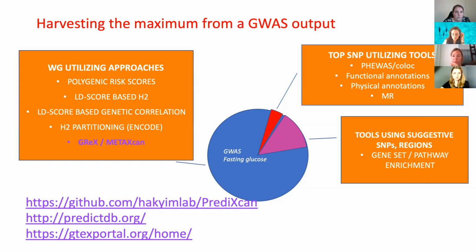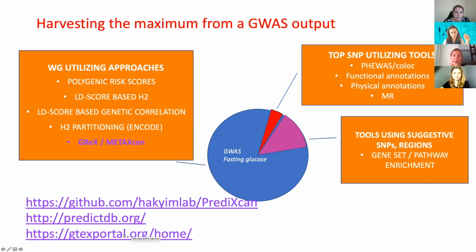So this is quite useful, a very interesting tool to use, and I like it a lot. But there are a few things to consider because the models are coming from the GTEx portal.